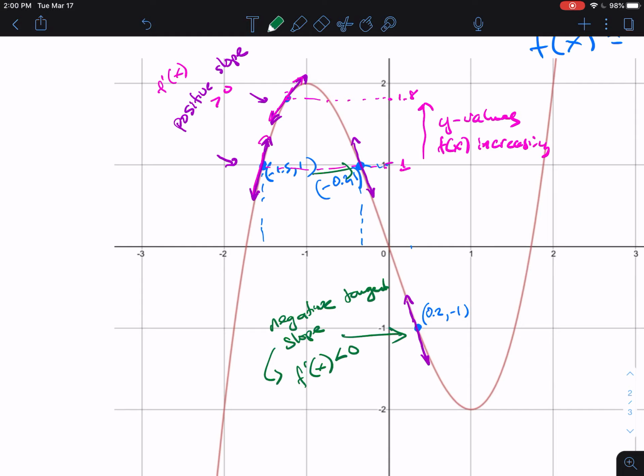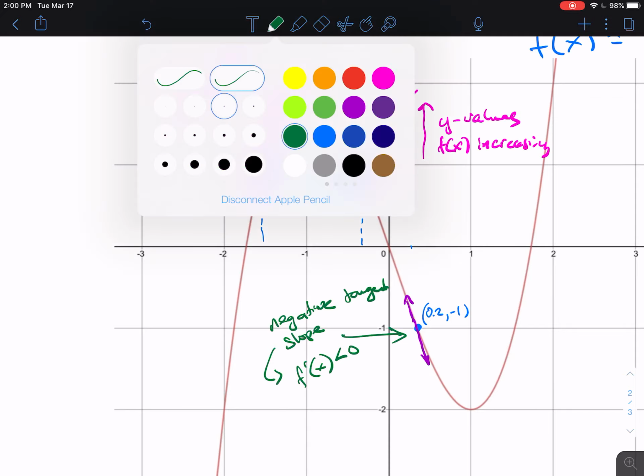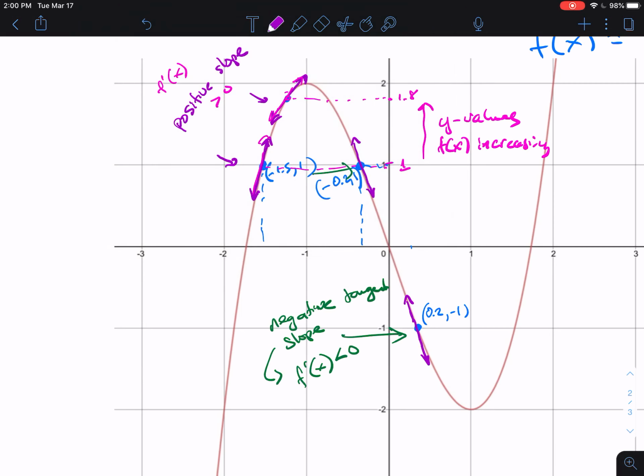All right. Now let's look at that in terms of the values of f of x. What's the indication of the value of f of x? So here is the value of the y there, and since we have a negative tangent slope, the y value is down here. So it looks like the y values are decreasing.